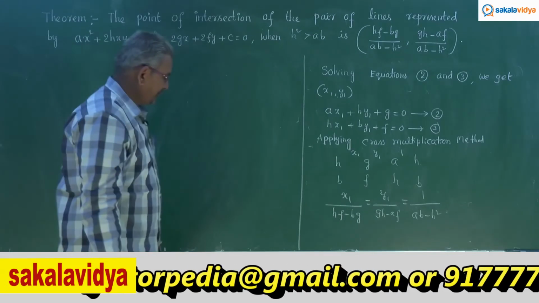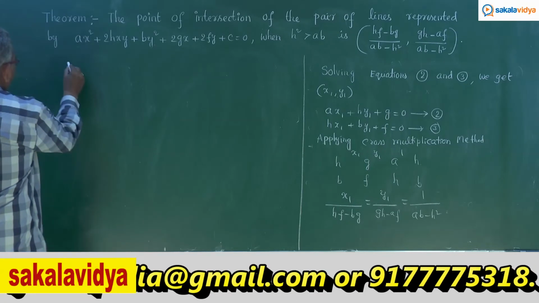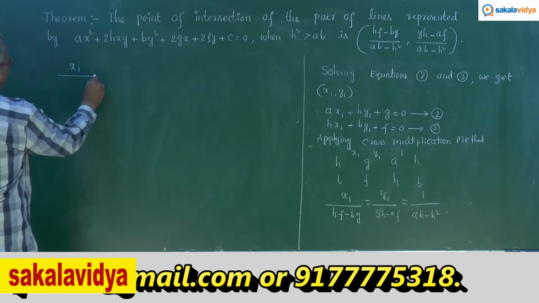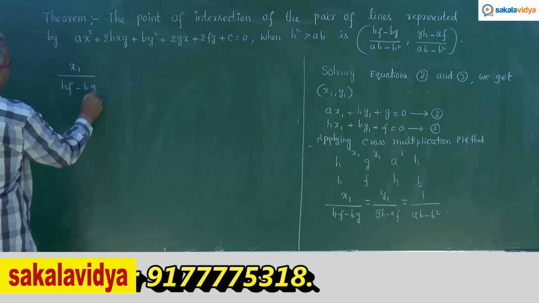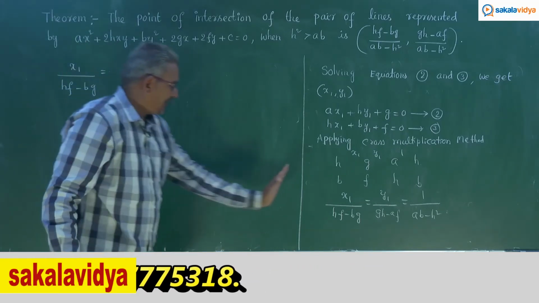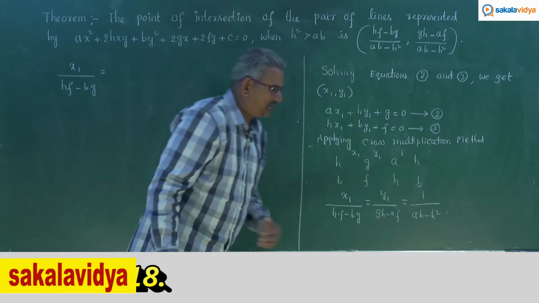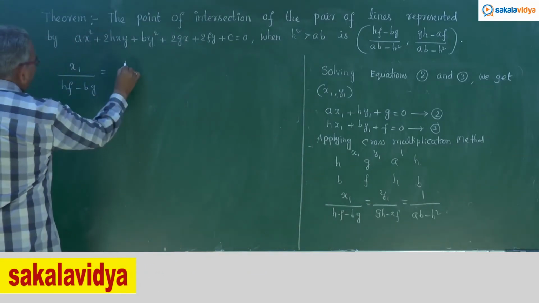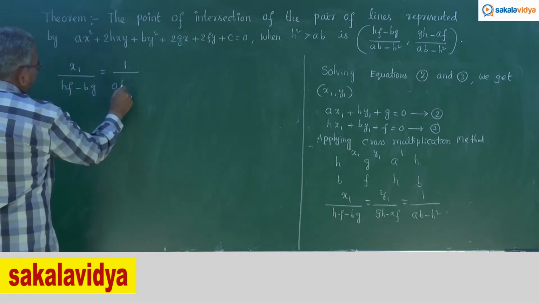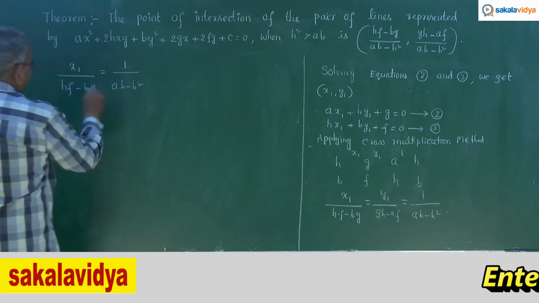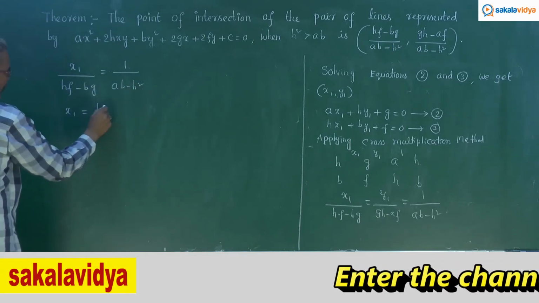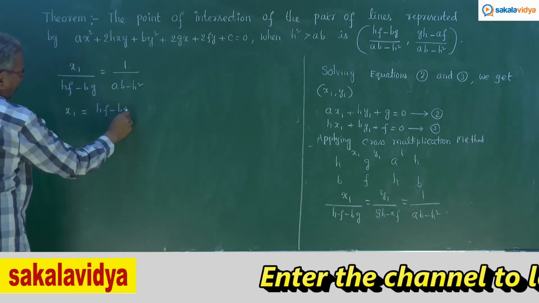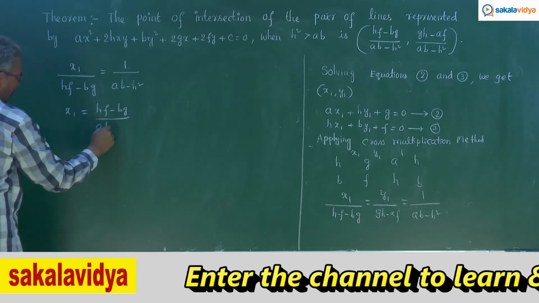Now this we can write like this: x1 by hf minus bg equals to, equating first and last, that is 1 by ab minus h square. So x1 is equal to hf minus bg by ab minus h square.